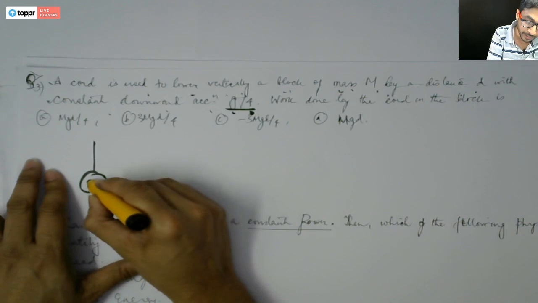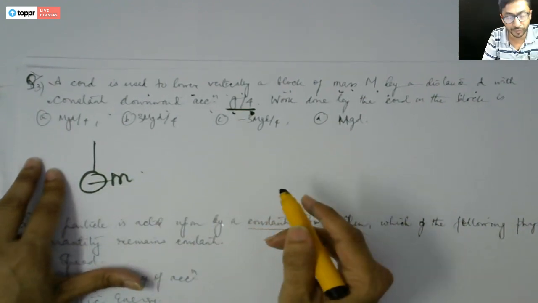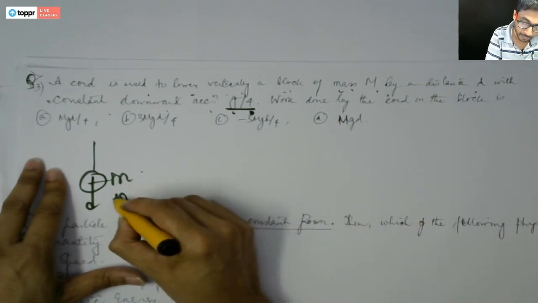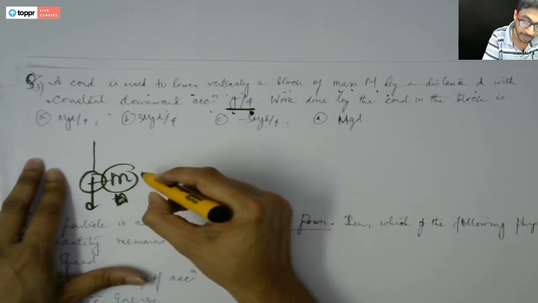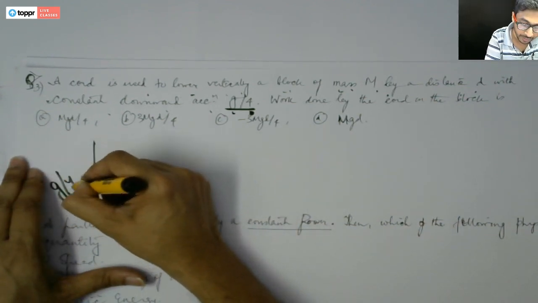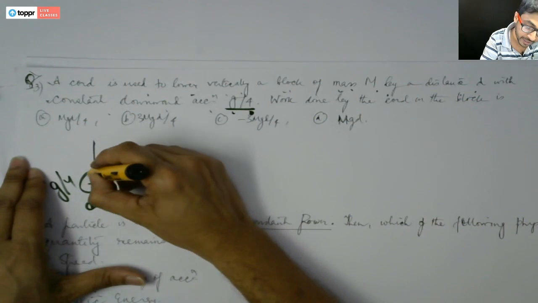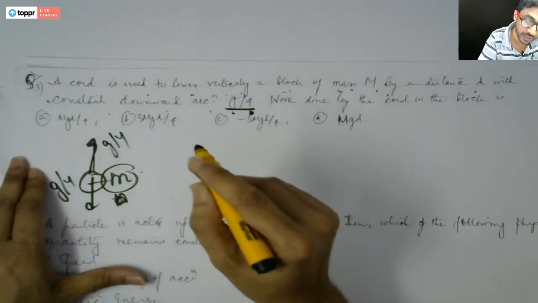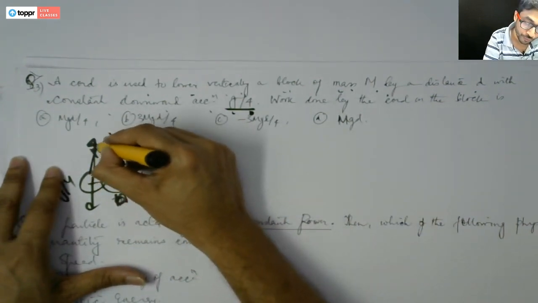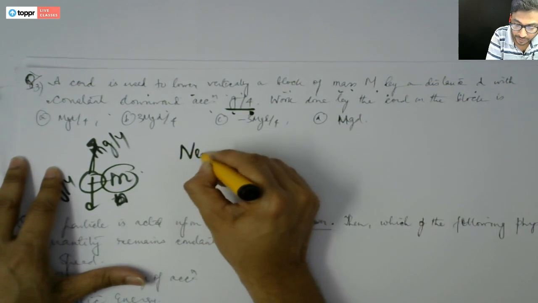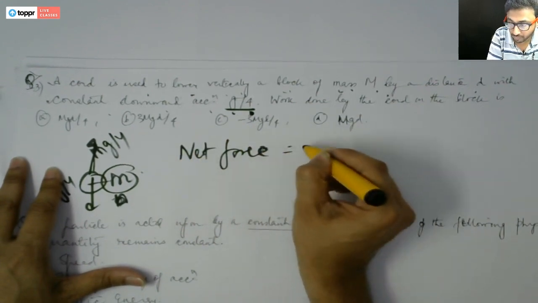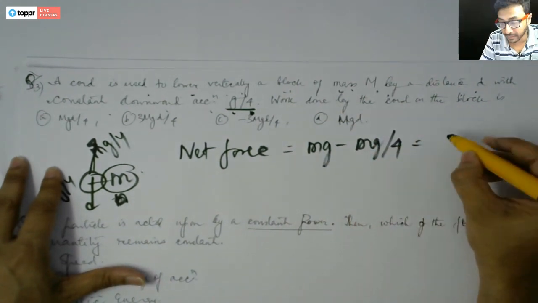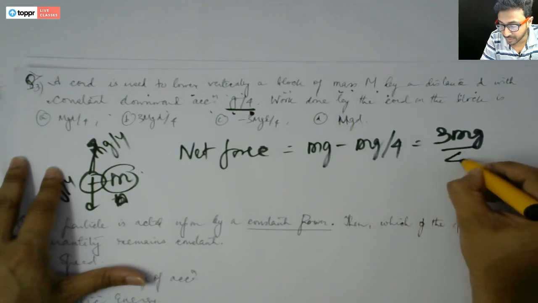Now, if you remember the concept of pseudo force, when the mass is going down with acceleration g by 4, there must be a pseudo force acting on the body in the upward direction, mg by 4. So what is the net force acting on the body? It's mg minus mg by 4, that is 3mg by 4.